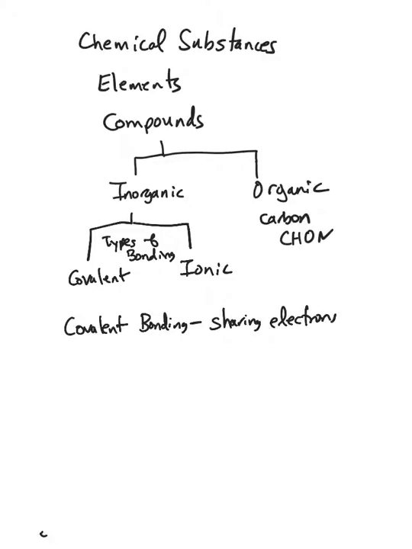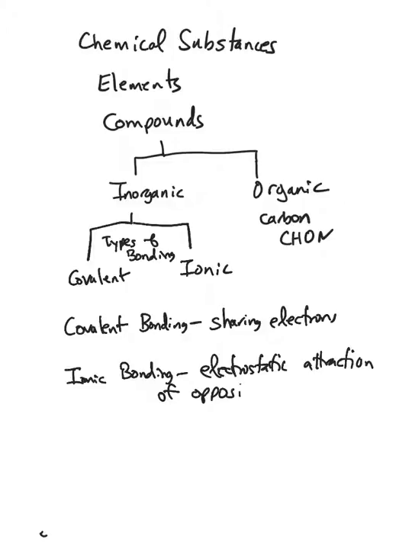And here we're actually going to have molecular species. We're going to make molecules. Ionic compounds come from ionic bonding, and that's from the electrostatic attraction of opposite charges.